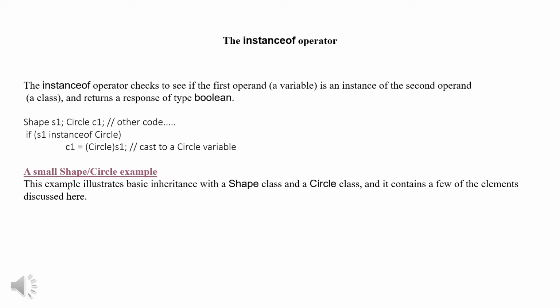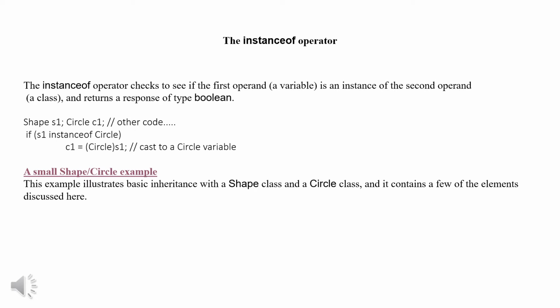The instanceof operator checks to see if the first operand is an instance of the second operand or not, and then returns a response of type Boolean. For example, we have shape S1 and circle C1.